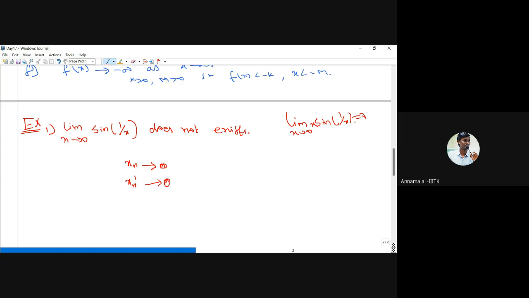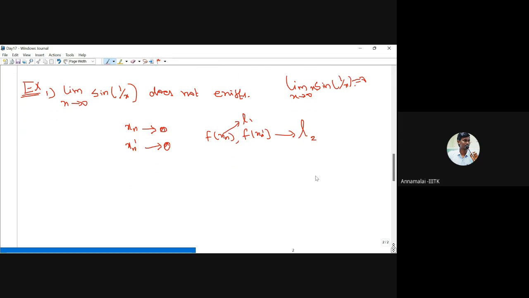Again, if you take some other sequence xn dash converging to 0, and both f of xn and f of xn dash converge to the same limit, then we say the limit exists. Suppose f of xn converges to some L1, and f of xn dash converges to some L2, but L1 is not equal to L2, then the limit does not exist. Now we can produce two sequences xn and xn dash, both converging to 0, but f of xn and f of xn dash converge to different points.